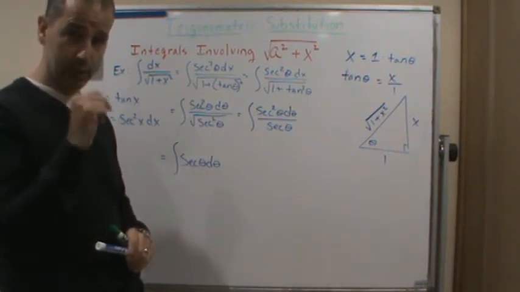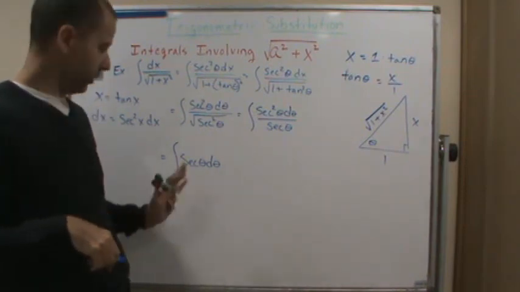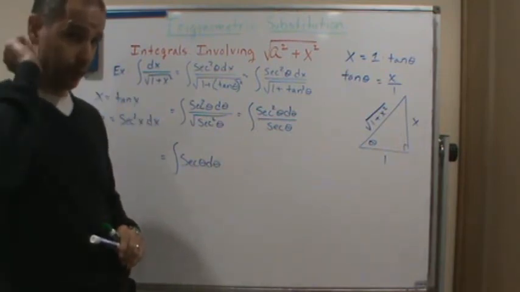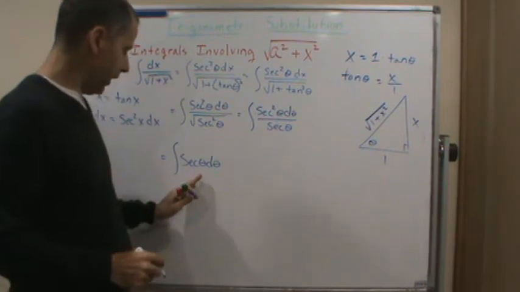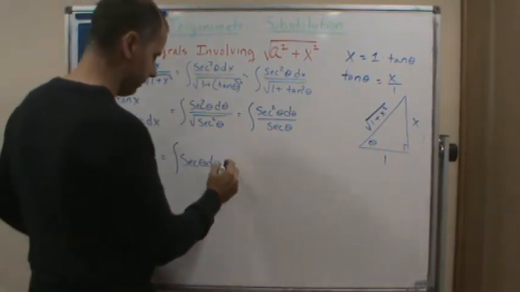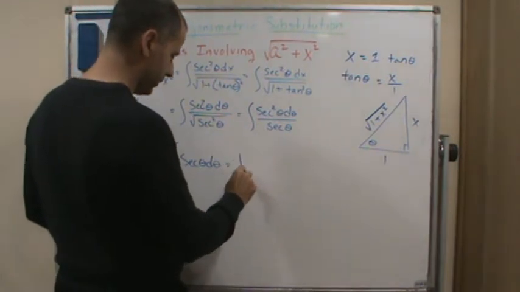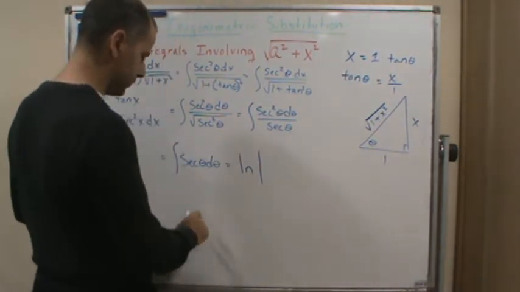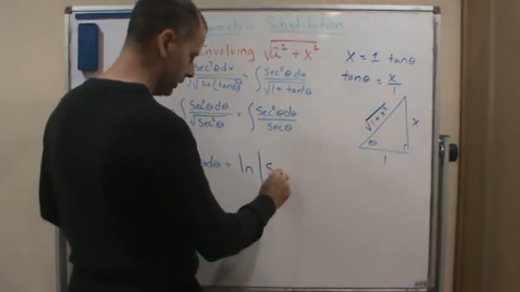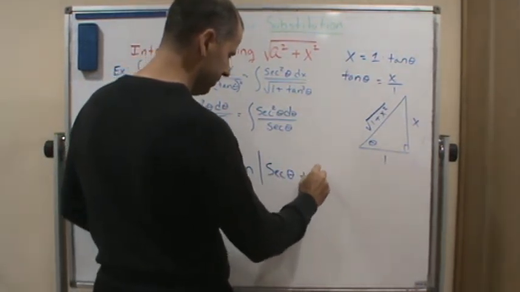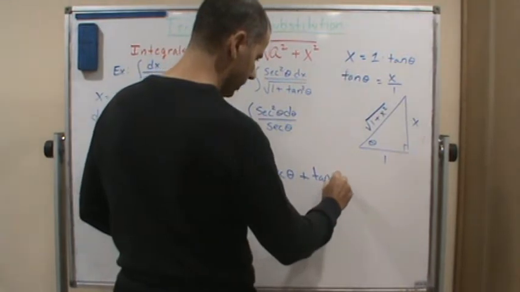One that comes to mind is Red Pen, Black Pen, that goes through a lot of integrals of this and shows you how to do that. So the integral of this is going to be the natural log of the absolute value of secant theta plus tangent theta plus c.